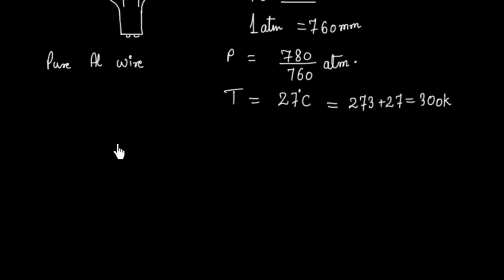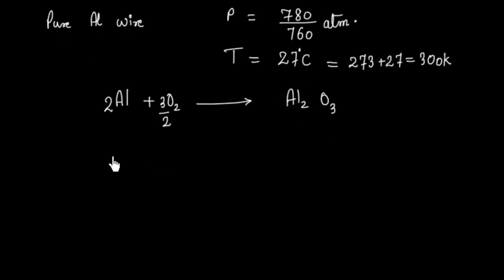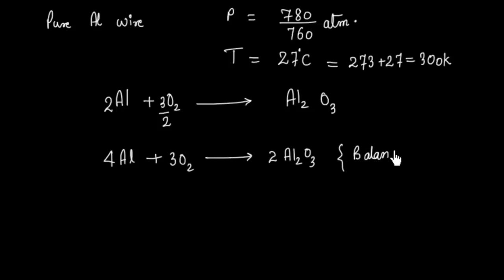Let me first write the equation: aluminum reacting with oxygen, forming Al2O3. If I balance the chemical equation, this is 2 and this is 3 by 2, and if I multiply by 2, we have 4 aluminum and 3 oxygen, and this will give you 2 Al2O3. So this is the balanced chemical equation.